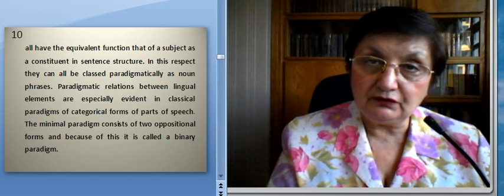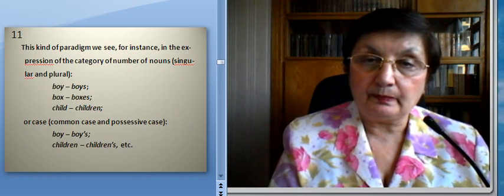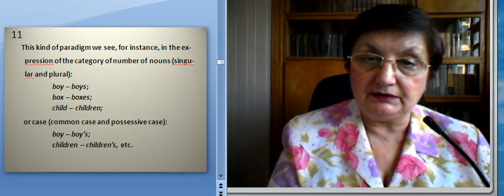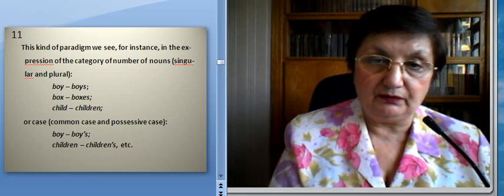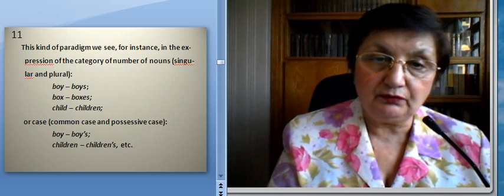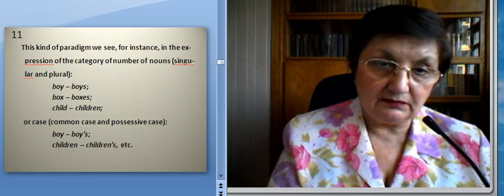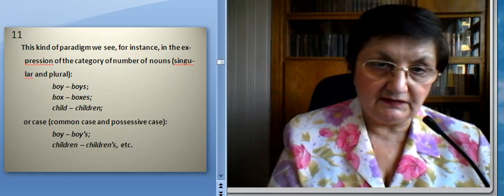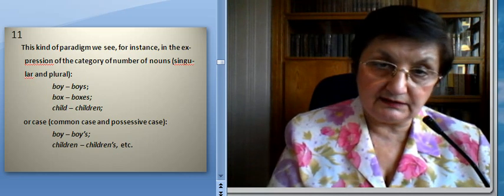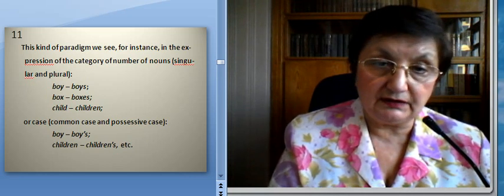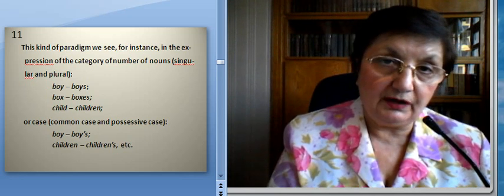This kind of paradigm we see, for instance, in the expression of the category of number of nouns, singular and plural, as boy and boys, box and boxes, child and children, or the case, common case and possessive case, for instance, boy and boy's, or children and children's, again with apostrophe s.